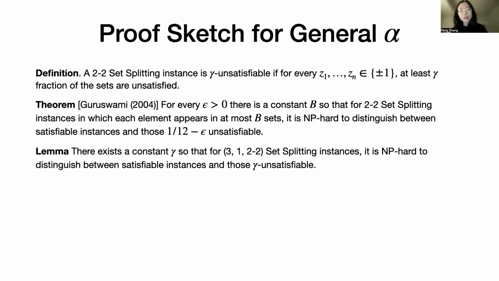Okay, for our theorem 2 regarding general alpha, we need a stronger hardness result for the 2-2 set splitting problem. Let me first introduce one more definition. We say a 2-2 set splitting instance is gamma-unsatisfiable if for every assignment z_1 through z_n, at least a gamma fraction of the sets are unsatisfied.